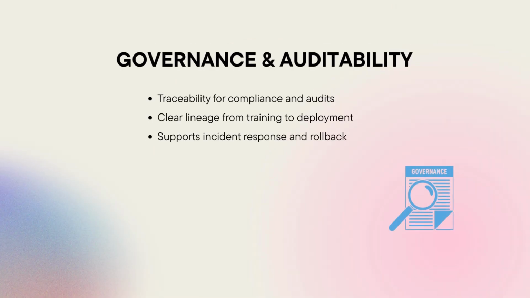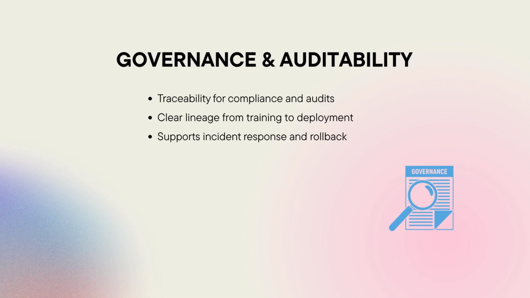Governance and auditability. From a governance perspective, registries and artifacts aren't just about convenience, they're about accountability. Regulators, auditors, and internal stakeholders increasingly demand transparency into how AI models are built and maintained. With a well structured registry, every model has a clear lineage from raw data through training, validation, and deployment.